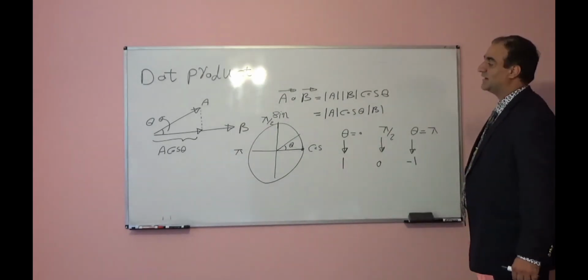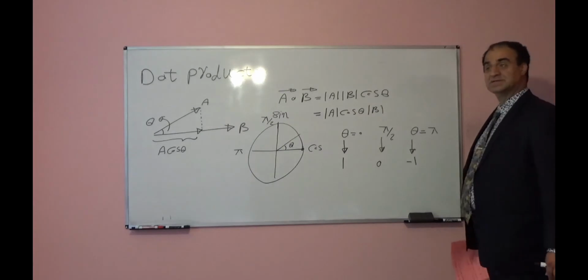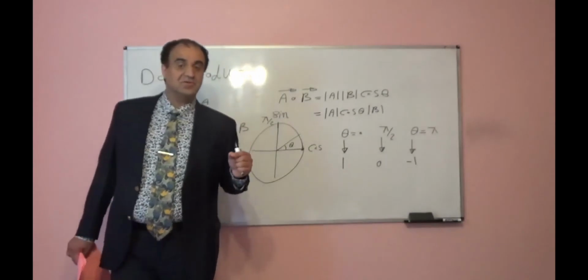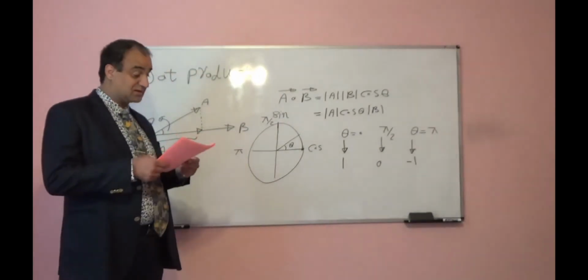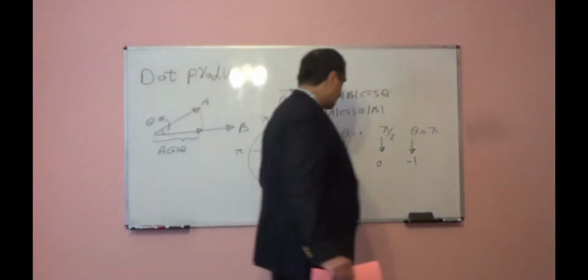So if we have two vectors that are parallel, the angle between them is 0. In that case the dot product will be maximum.